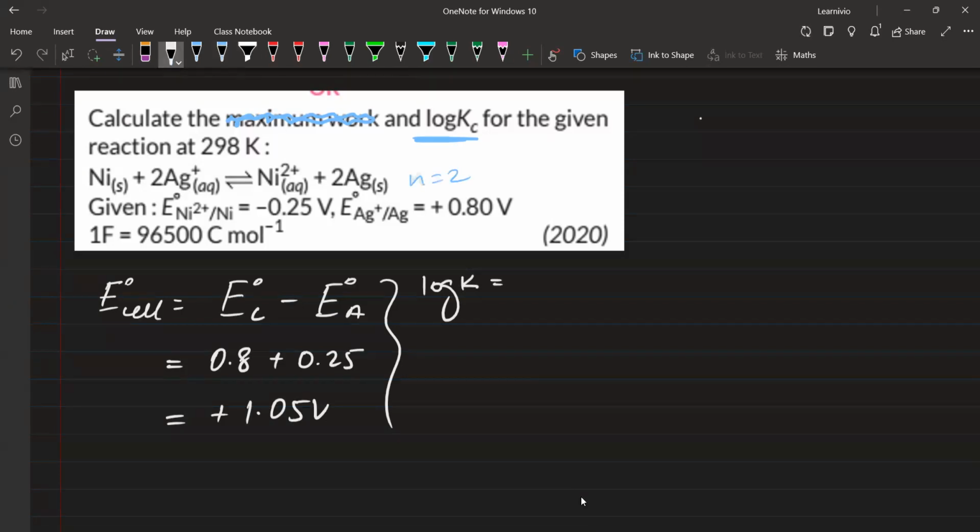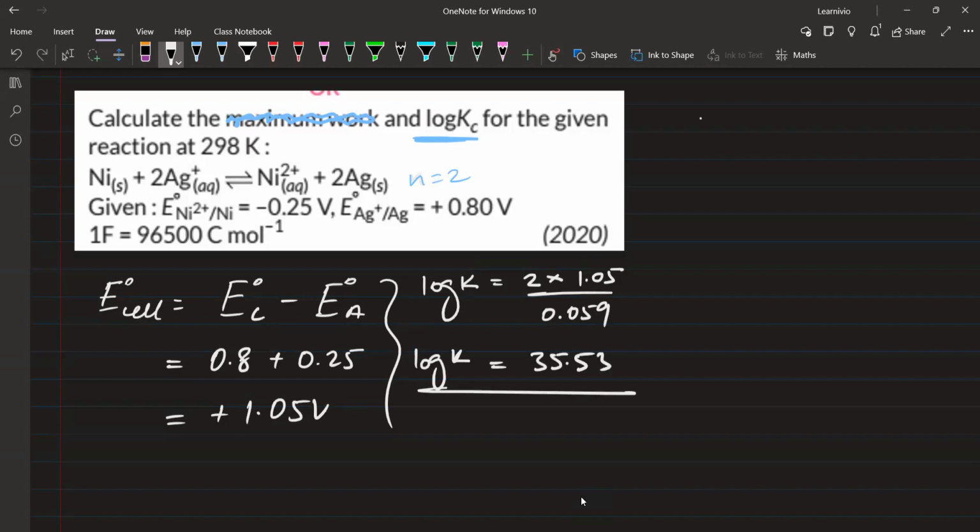I think your eyes are trained enough to see the number of electrons. 2 into E naught is what? 1.05. 1.05 by 0.059. Yes, very good. And this will be equal to 35.53 approximately. Yes, log K is 35.53. So this is the value. That was all we had to do. See how small this question is. By the way, there is one more point here, that is maximum work. This is also a small calculation, not very long.